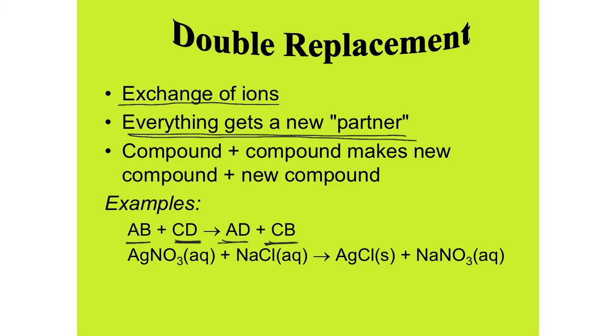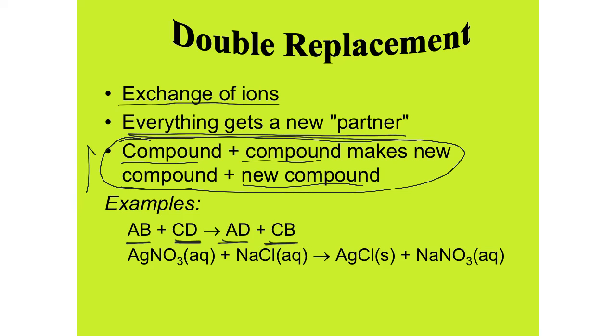The general formula for a double replacement reaction is going to be compound plus compound makes new compound, new compound. So everyone will always be doubled up. There will not be anybody single on either side. So we have AgNO3, that's a compound.